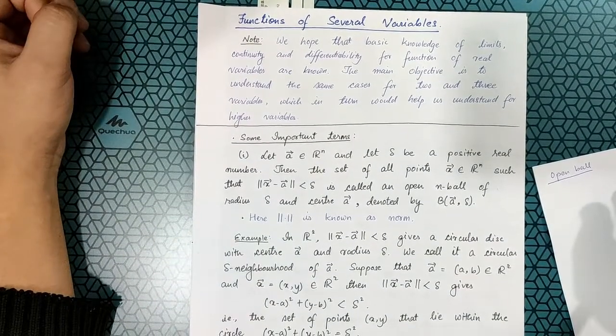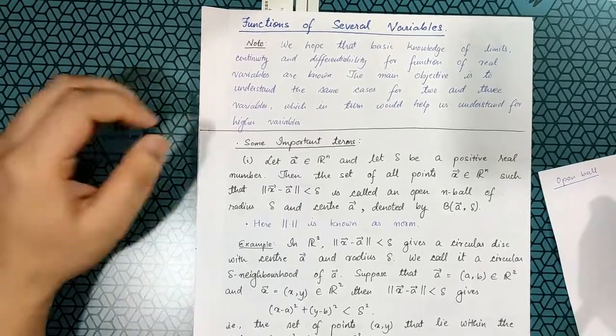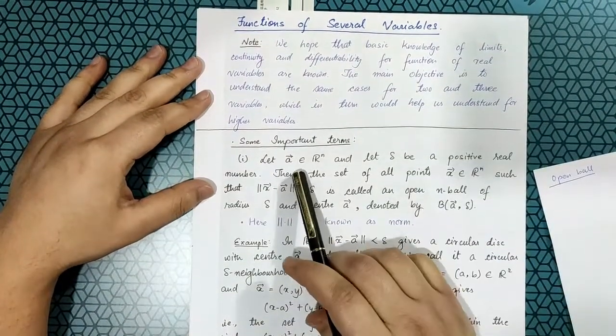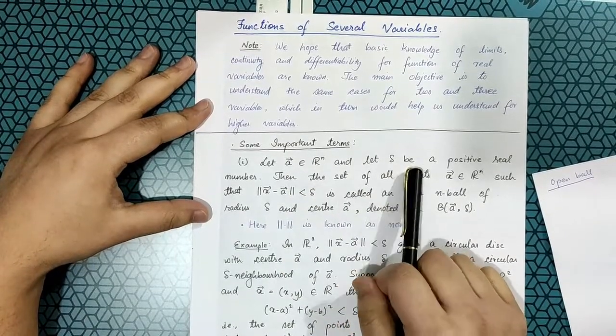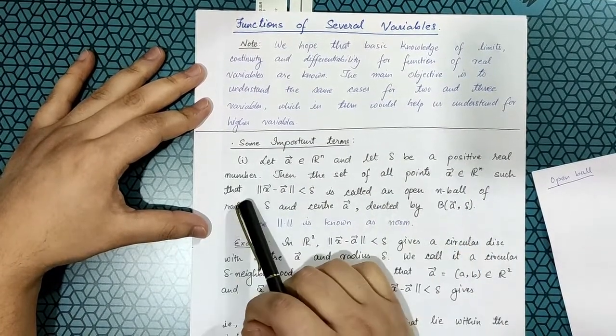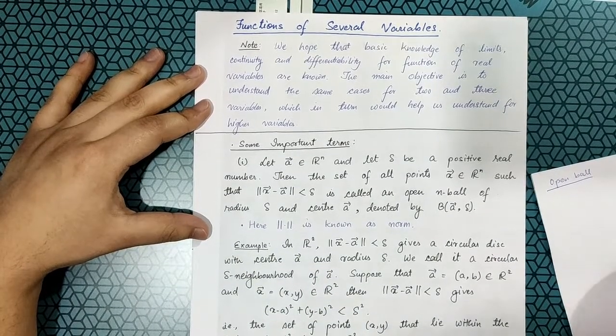So let us define. Let A, where A is any point in Rn, and let delta be a positive real number. So delta is any real number.